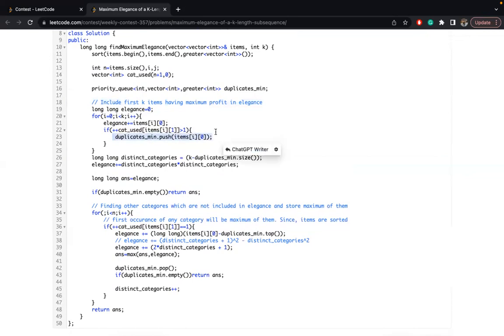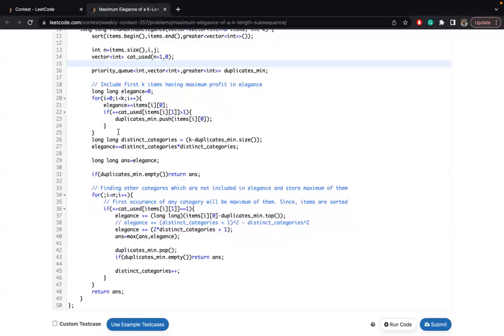To find duplicates, I am checking if the category has been used more than once, right? Not that the item is duplicate, again I'm saying the category is duplicated. If a category is duplicated, then I am keeping this in a priority queue, a min heap, or a priority queue, whatever you can say.